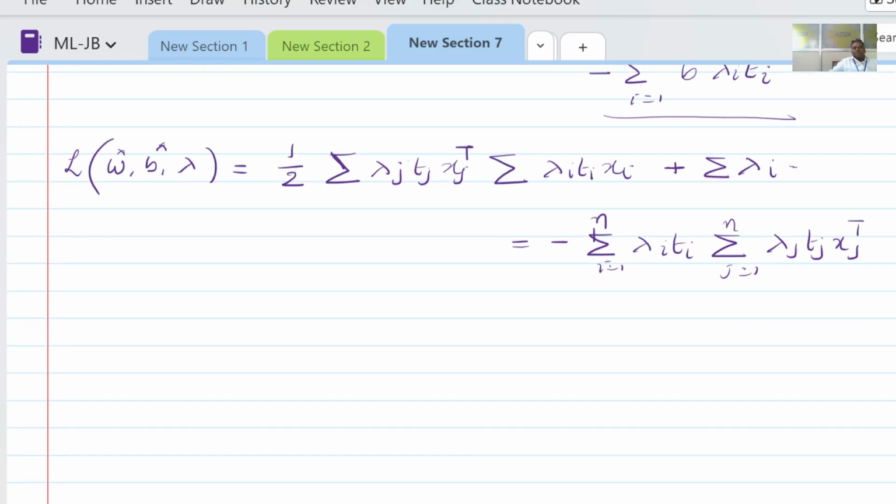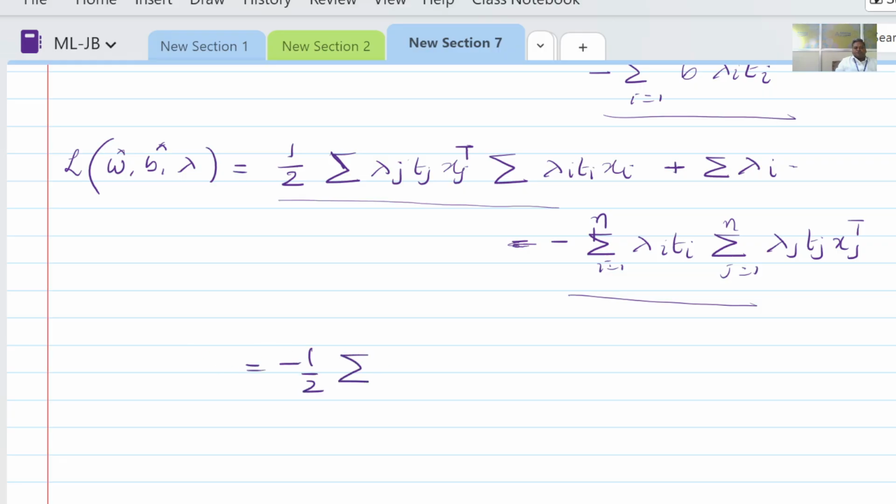If you see, this term and this term are very similar. This is half and this is half minus 1, it will be minus half. So minus half sigma, sigma, one is i, another is j, lambda i, lambda j, ti, tj, xi, xj transpose plus sigma lambda i.